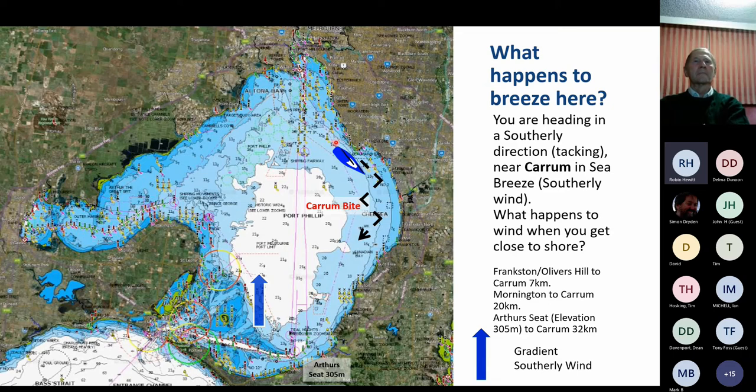Positioning your boat, how far offshore, where you're going here, is usually fairly critical. So what actually happens here? You've got hills down here, Oliver's Hill, and so on down there, but they're really far away. They're too far away from the Carrum Bight to make any real difference.